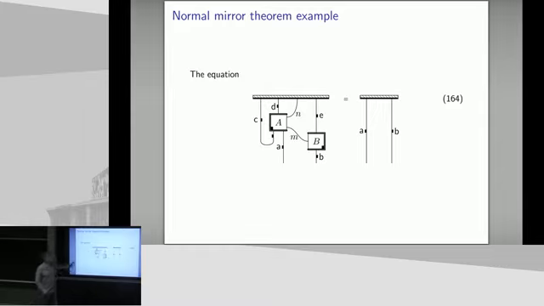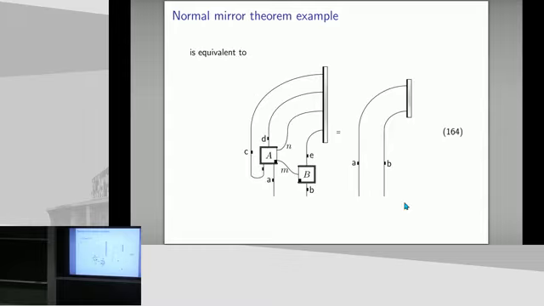And what I can do with the mirror theorem is apply the same conjugaposition to this, and I can also change the mirror to any kind of mirror. And that may entail dragging wires. So here's an example. That equation is equivalent to that equation.